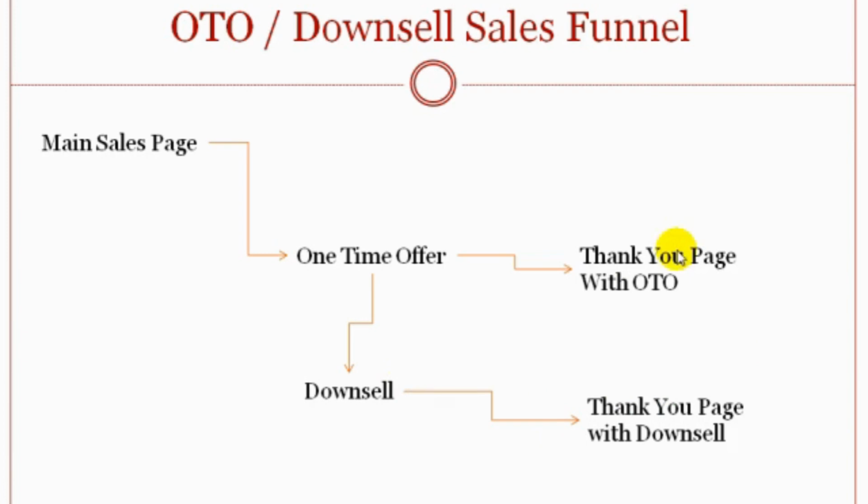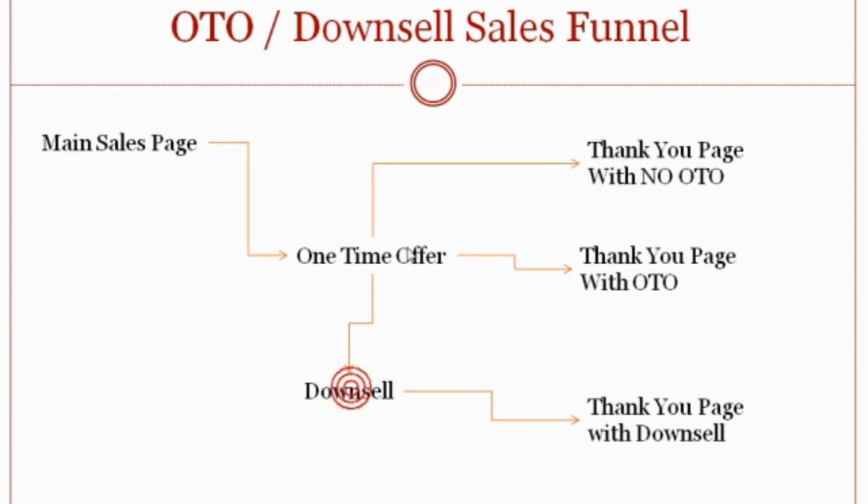You don't want to forward them to a thank you page with the OTO unless they paid for that. Now, if they click on no to the downsell, then they're going to be forwarded to the thank you page with no one-time offer or downsell. So it's just going to be the basic funnel from main sales page to thank you page.